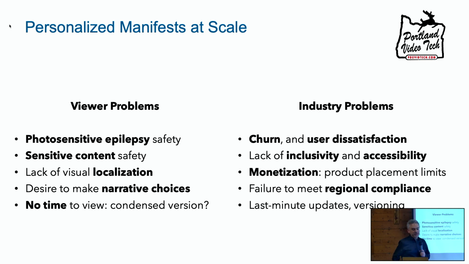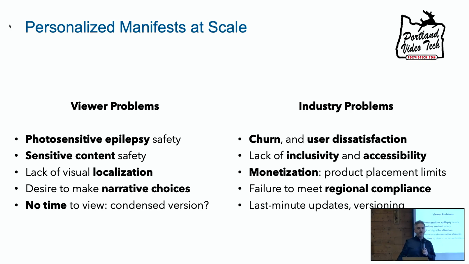So some reasons to do this. If a viewer has photosensitive epilepsy on Netflix, you'll get a warning when you're watching Stranger Things, like, hey, there's flashing lights, but there's no way to really do something about it. But imagine if we could just show that person a personalized manifest in which a bunch of segments are swapped out with a version that has a lower contrast or is otherwise edited so that it's not harmful anymore.